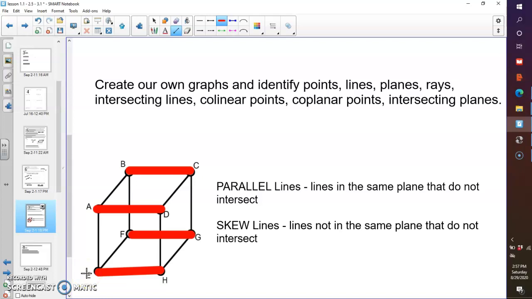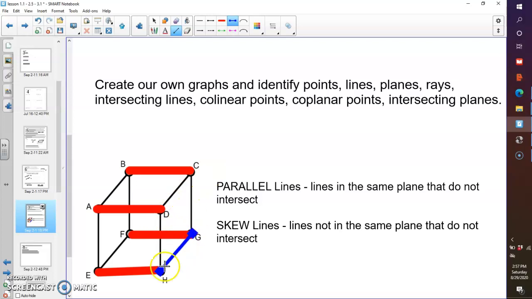So what does it mean to be skew? Okay. Well, skew means this, and I'm going to put those in blue. If you take a look at line GH, we can agree GH is somewhere down here and BC is up here. GH is never intersecting with BC. But one, they clearly don't look parallel. So we give them a different name.